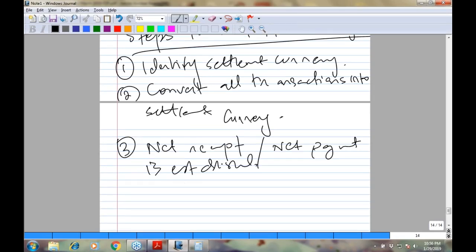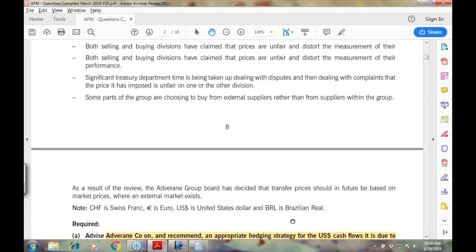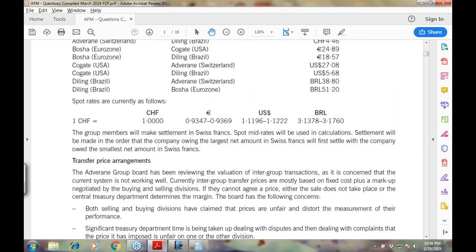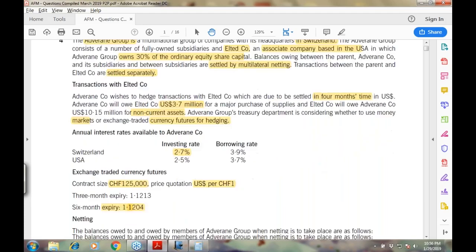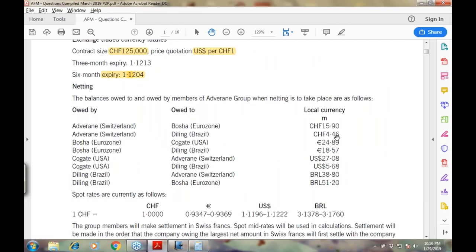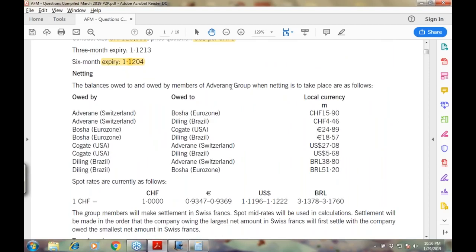What is going to happen in this specific scenario? We are told initially that balances owing between the parent and its subsidiaries are settled by multilateral netting, and the parent is based in Switzerland. The balances owed to and owed by are given, along with the amounts.